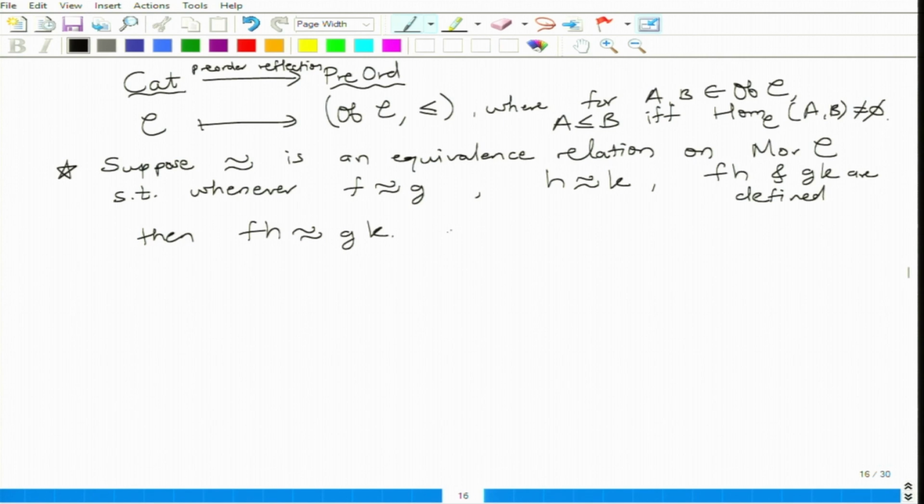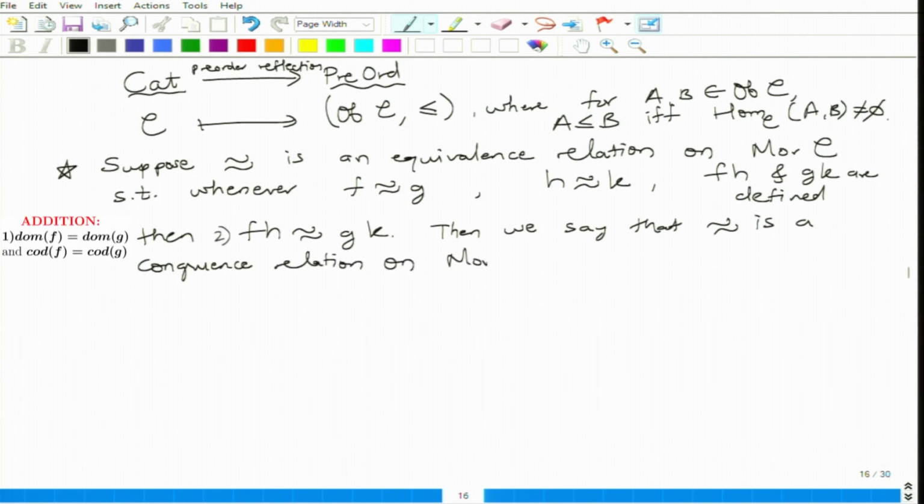Then we say that this is a congruence relation on Mor C, and C quotiented out by this is a quotient category of C. So there is a functor from C to C mod this.